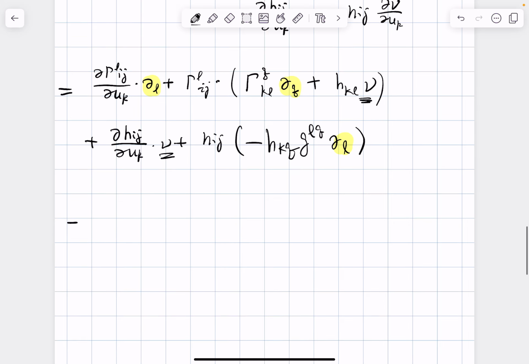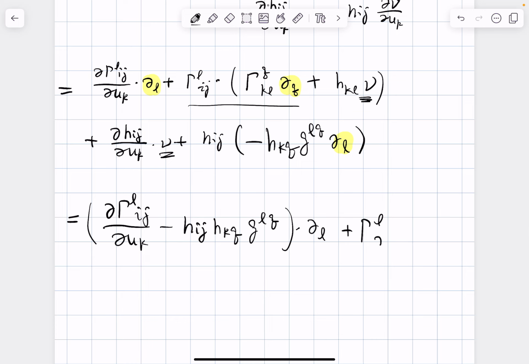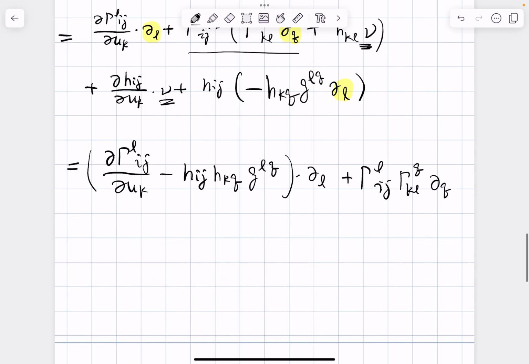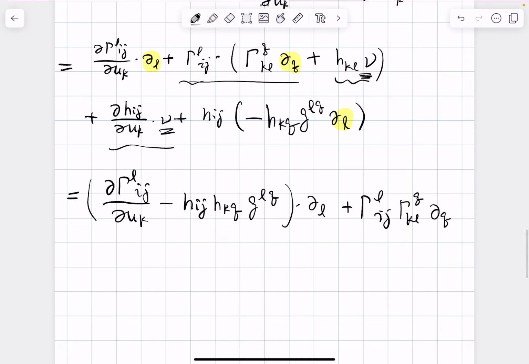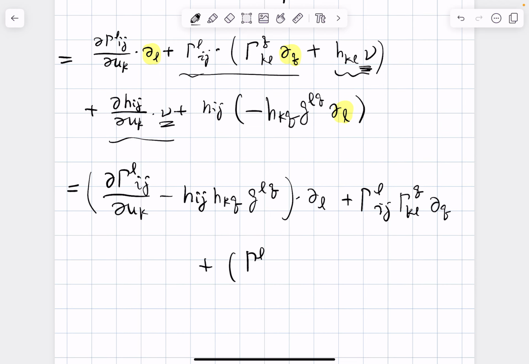So we combine the tangent space parts: minus this part, which is h_ij h_kq g^lq partial_l, and partial_q with Γ_ij^l h_kl. And the Gauss map part, which is Γ_ij^l h_kl plus partial h_ij, partial u_k.